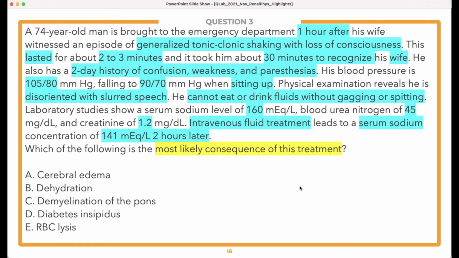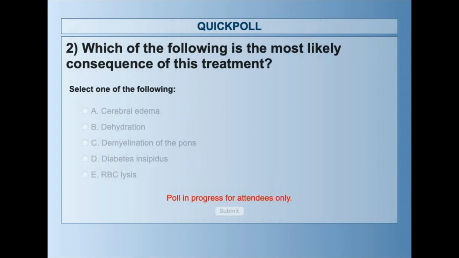C, demyelination of the pons. B, dehydration. And A, cerebral edema. So once again, we're going to open up that poll. Go ahead and select what you think is the best answer here, and we'll talk about it in just a few seconds.